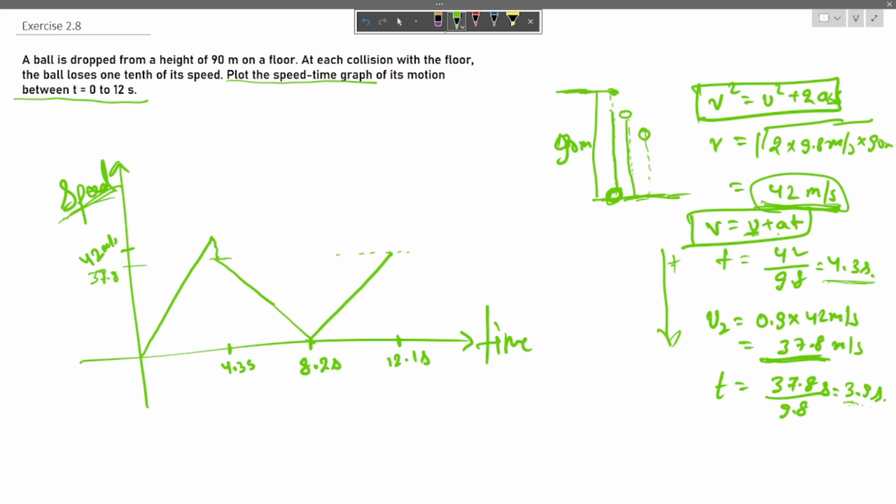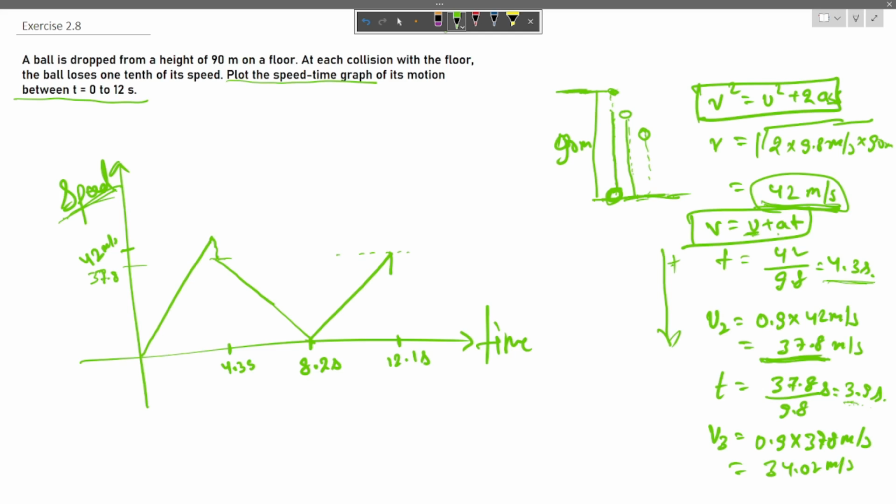Now again the velocity will decrease to 0.9 times the initial velocity. So the final velocity after rebounding would be equal to 0.9 times 37.8 meters per second, which equals 34.02 meters per second.